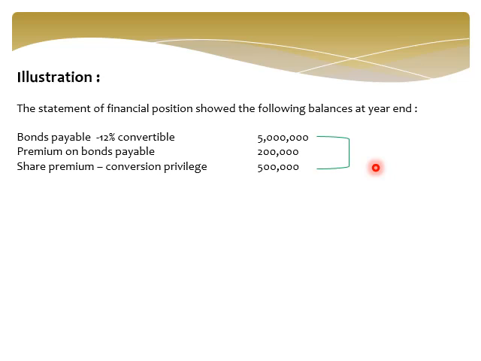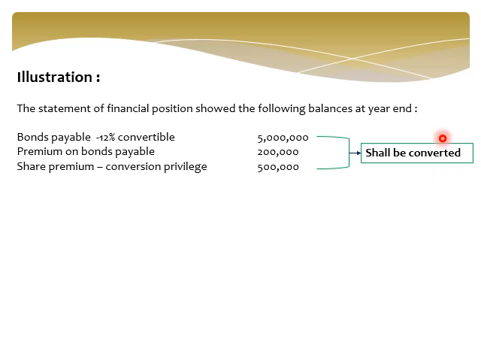So based on that illustration, we have the face value of the bonds payable of 5 million, and the share premium conversion privilege is 500,000. It shall be converted.